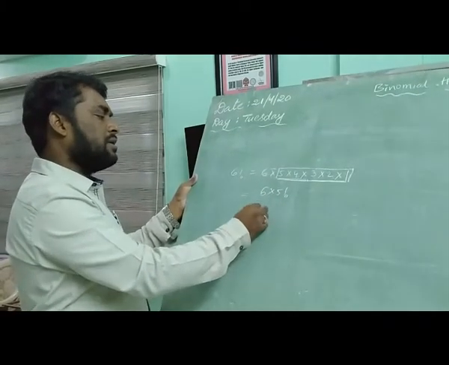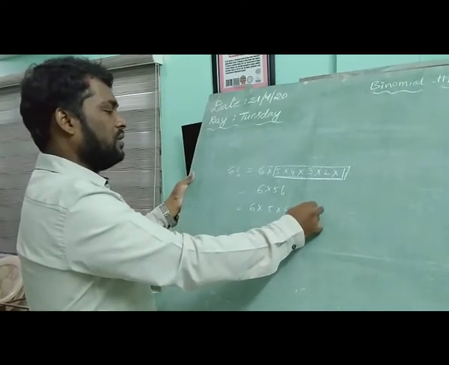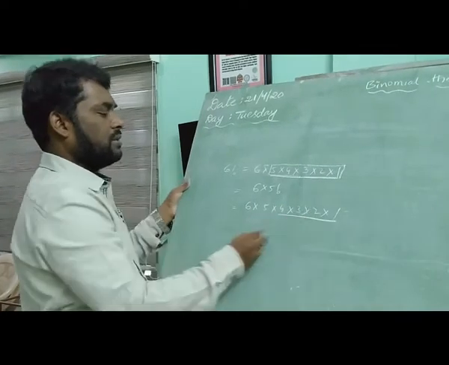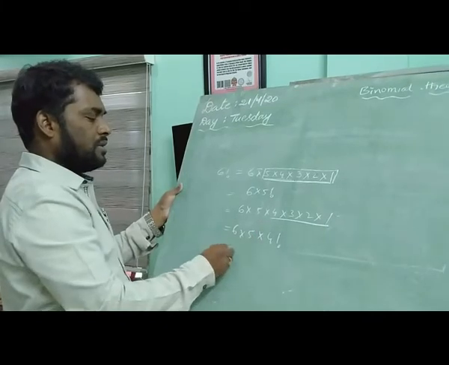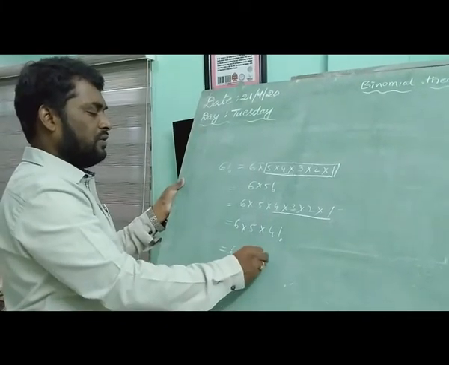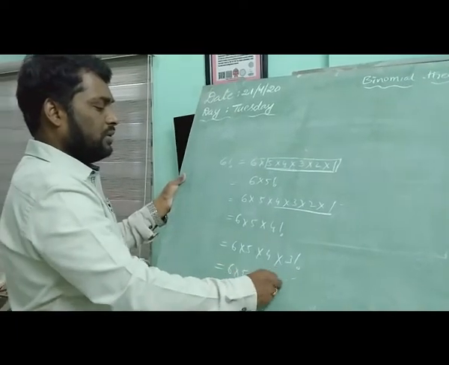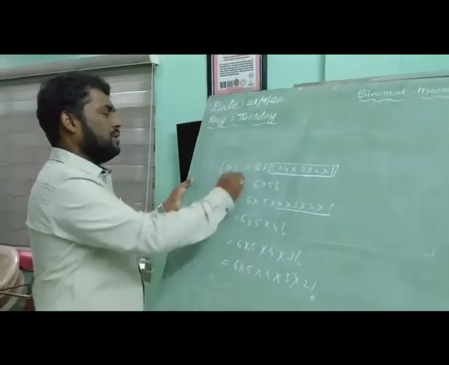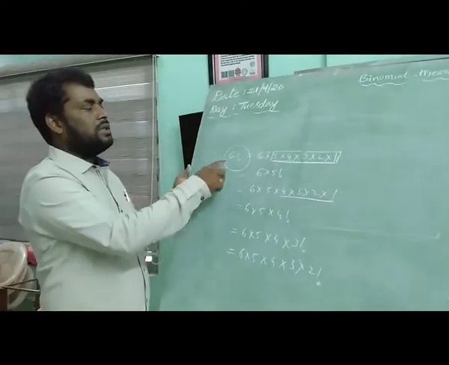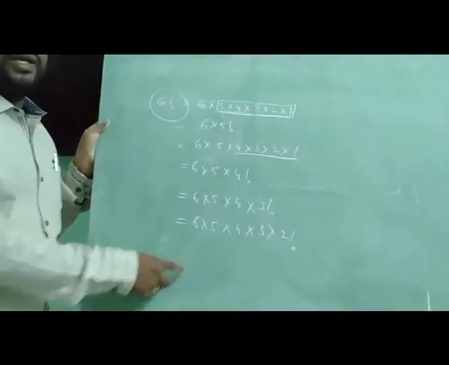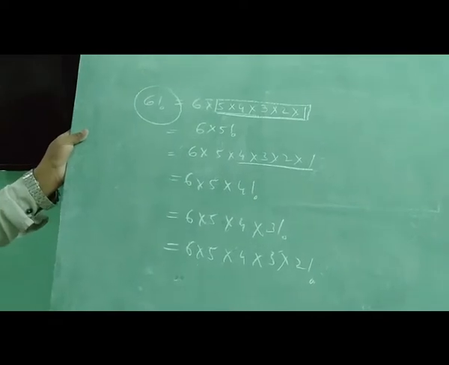And again, 6 into 5 into 4 factorial, 6 into 5 into 4 into 3 factorial, 6 into 5 into 4 into 3 into 2 factorial. Like this, we can express this notation in different ways. This is also a very important concept while finding the coefficient of the terms in binomial expansion.